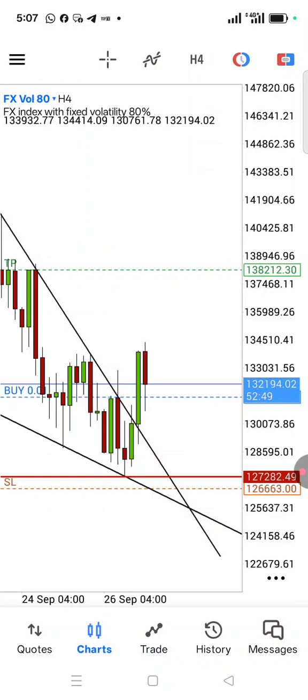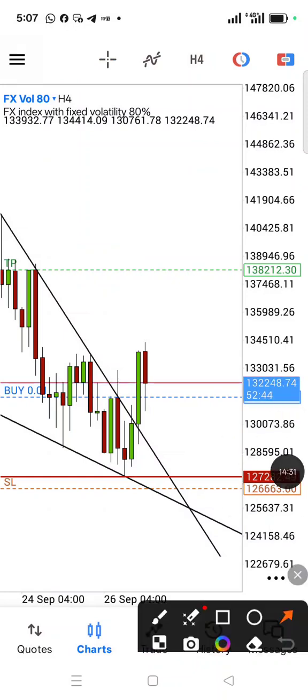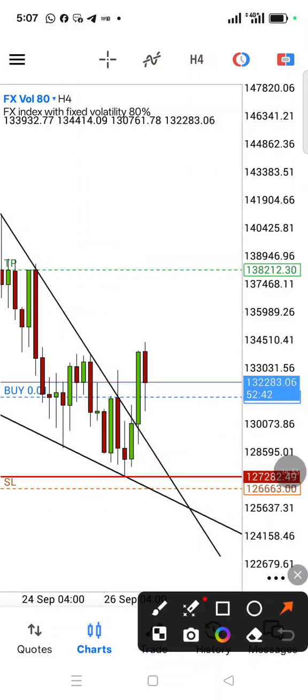Where did I put my stop loss? My stop loss is below the turning point, 127,282.49. Then this is where I kept my take profits, and this is a 1:2.5 risk to reward ratio.